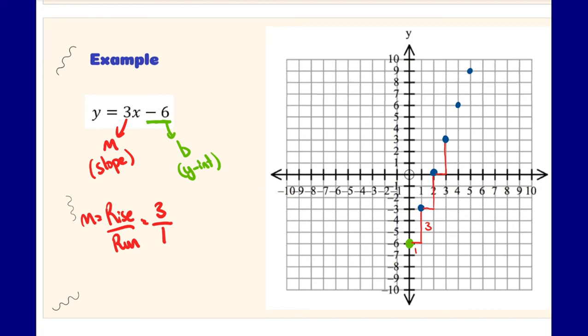Now, there is a reverse to this as well. How can I reverse this fraction so that it gives me the same values, 3 over 1, but looks different?